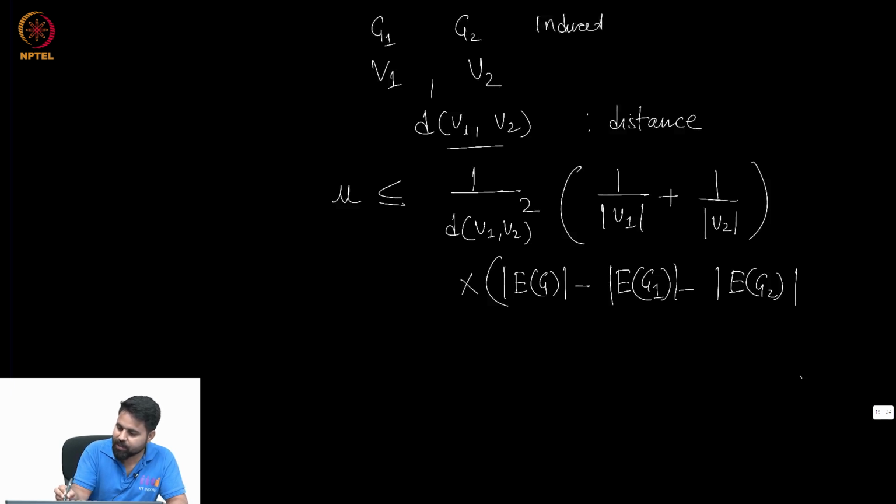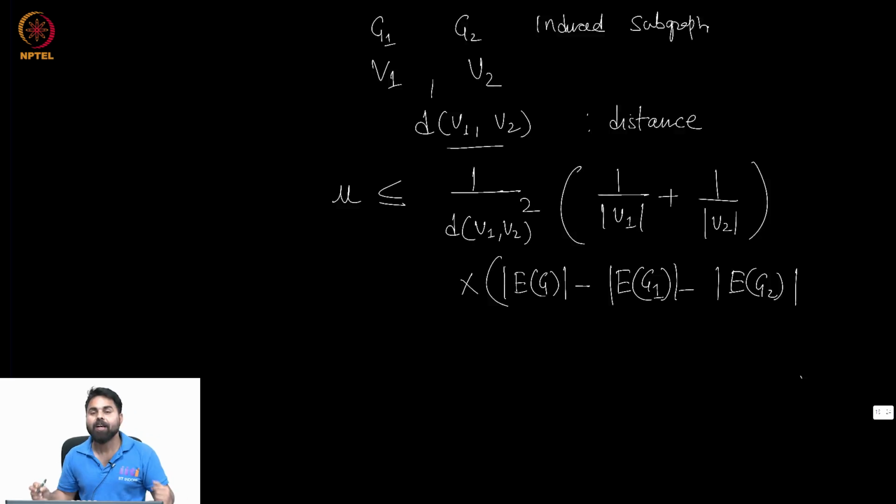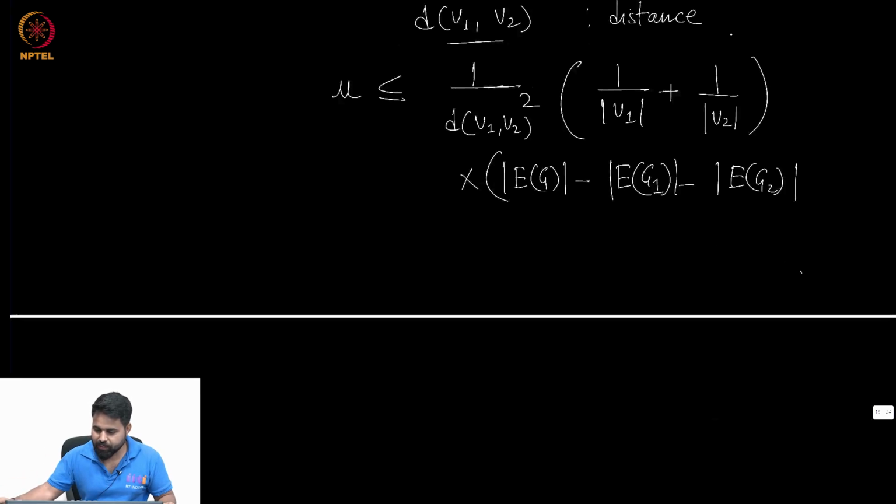So we have established this in the last lecture. Today we will make nice corollaries of this, consequences of this. So the first consequence, let me write it as a corollary.